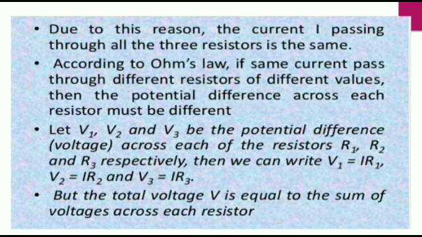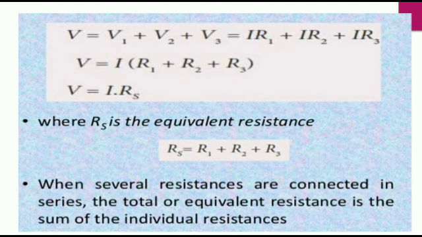But the total voltage is equal to the sum of the voltages across each resistor. Okay, students. Therefore, V is equal to V1 plus V2 plus V3. V1 is nothing but IR1, V2 is equal to IR2, V3 is equal to IR3.